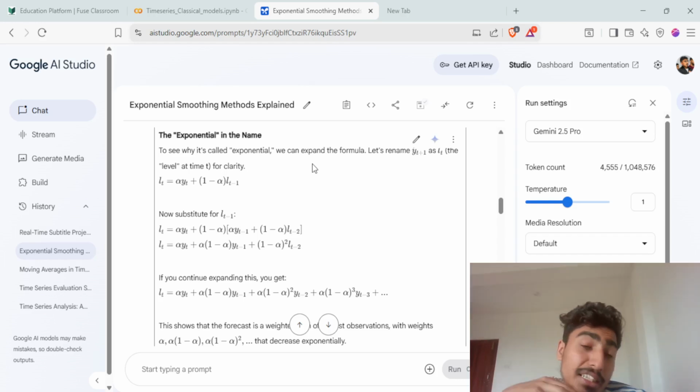We expanded the expression till the n terms, and the same idea, same concept is here.